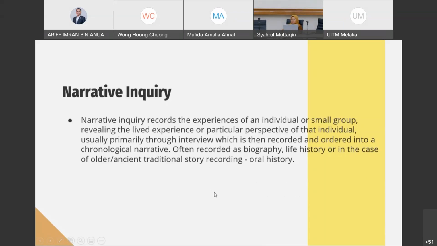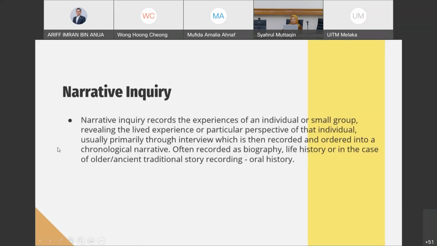This one records the experiences of an individual or small group, revealing the life experience or particular perspective of that individual, usually primarily through interview, which is then recorded and ordered into a chronological narrative, often recorded as biography, life history, or in the case of older or ancient traditional style, a traditional story recording, it is oral history.